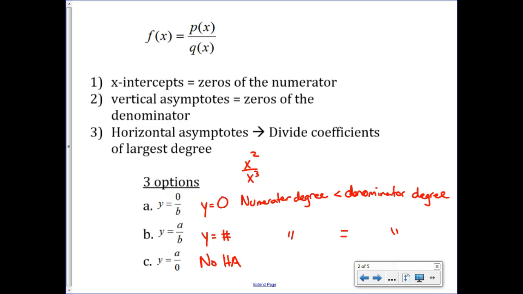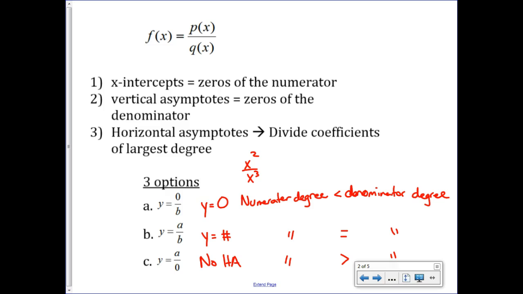If you have some number x to the third over some number x to the third, you would divide a divided by b. The last one is where the numerator is bigger in degree than the denominator. So you have so many x to the thirds divided by something x squared, so you have 0 x to the thirds on the bottom. That's what you're looking for.